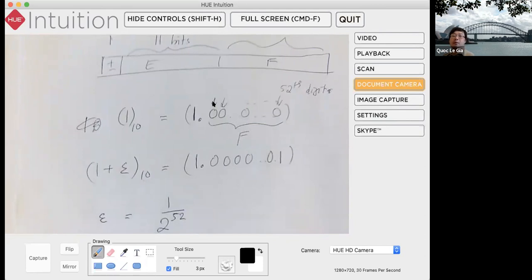So what is 1 over 2 to the 52? If you use MATLAB, you will see it. Let me share the MATLAB.